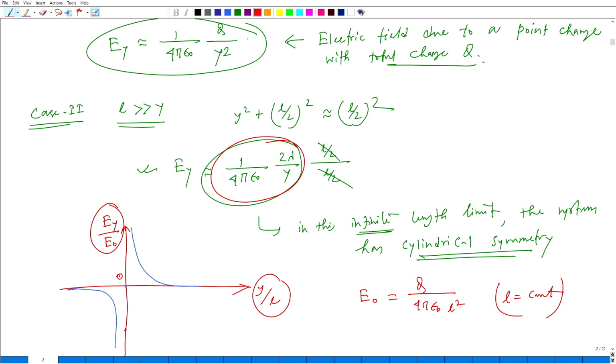Okay. Next we calculate the electric field due to an arc. Let us consider a thin rod.